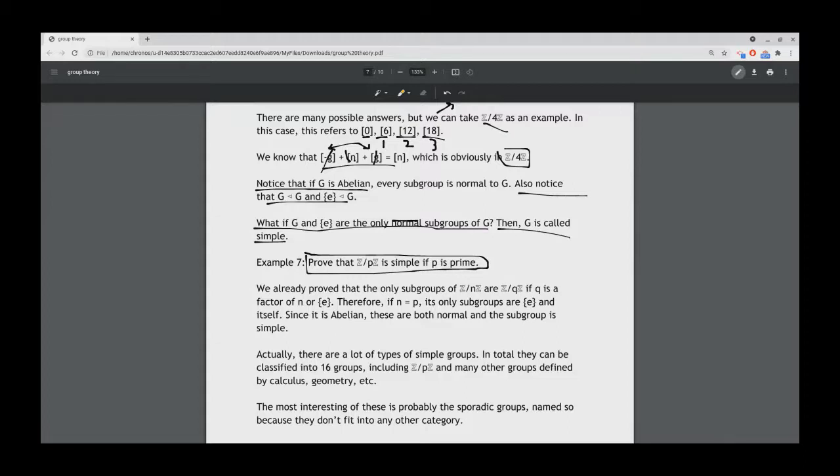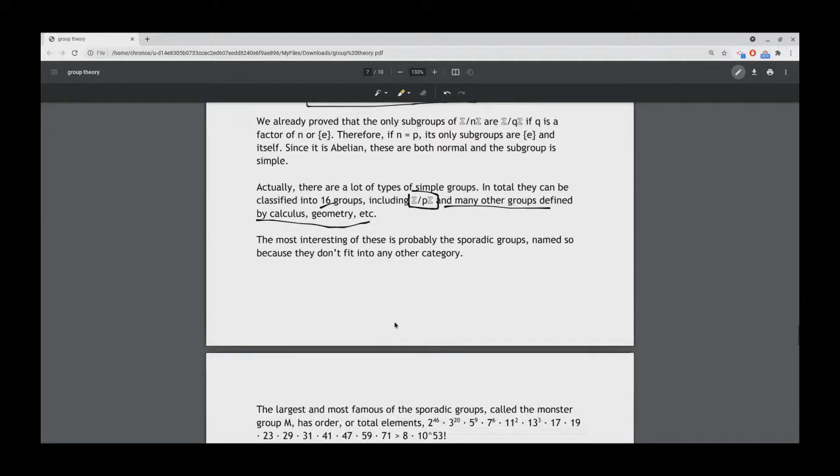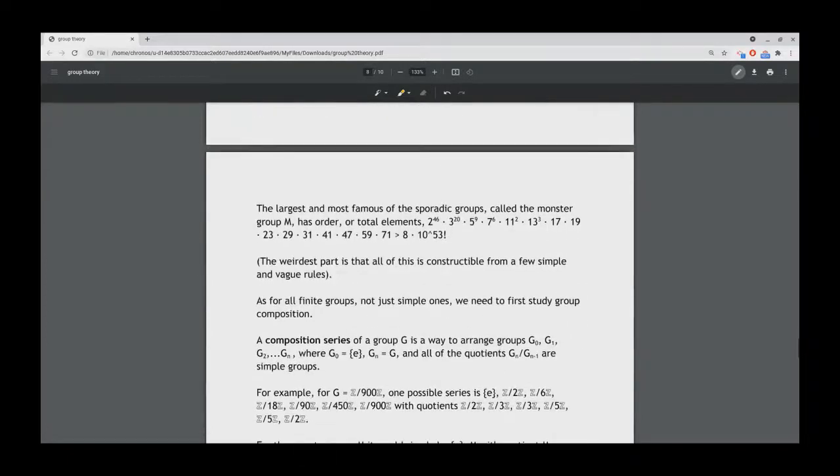There are actually a lot of simple groups out there. In total, they can be classified into 16 families, and I think Z over PZ is one of them. There are many groups defined by various things like calculus and geometry. The most interesting of these is probably the sporadic groups, named so because they don't fit into any other category. Sporadic groups have a variety of sizes. The smallest one, I think, is in the thousands.